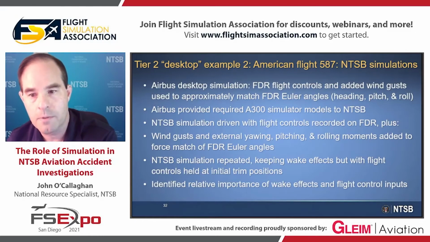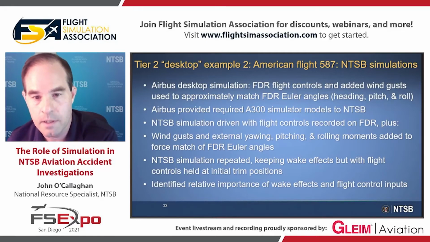After a good match was obtained, the NTSB simulation was repeated, keeping the wind gusts and external moments attributable to the wake the same, but holding the flight controls at their initial trim positions. This second simulation quantified the effects of the wake by itself on the airplane's motions and helped to distinguish the relative importance of the 747 wake effects and the first officer's flight control inputs on the vertical stabilizer loads.